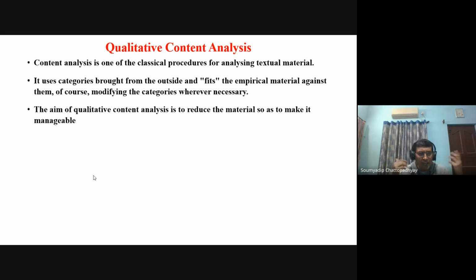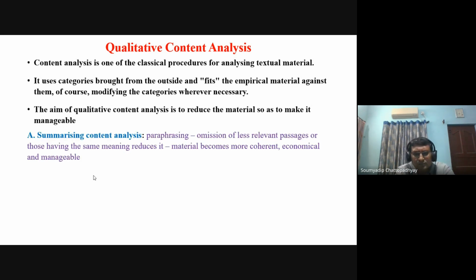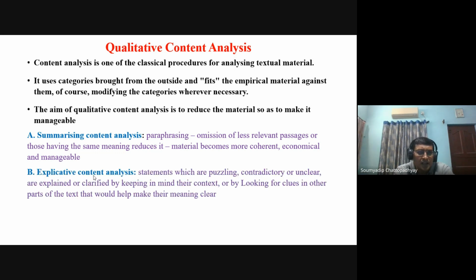The aim of qualitative content analysis is to reduce the material so as to make it much more manageable. And there are 3 important aspects of it. One is summarizing content analysis, where you put emphasis on omission of less relevant passages. Then there is explicative content analysis.